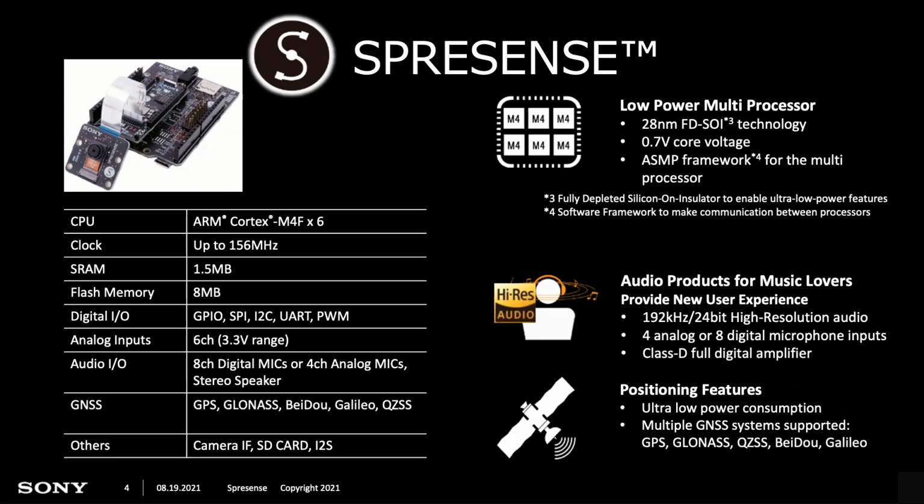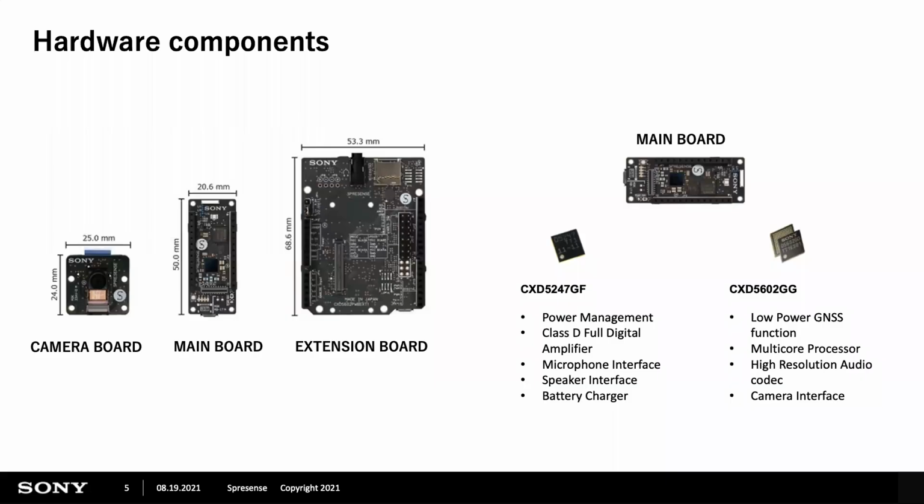Other features, you have the camera interface. Easily you can connect the camera to the board. We have access to SD card. For example, for audio, you can save your audio there. And then you have I2S access. I will refer to these features, and I will try to go over more detail when we get to the sections that talk about this.